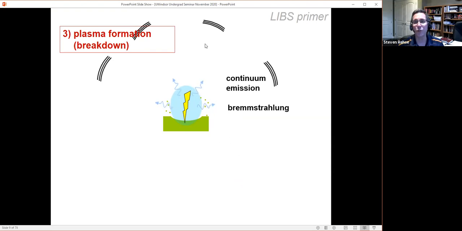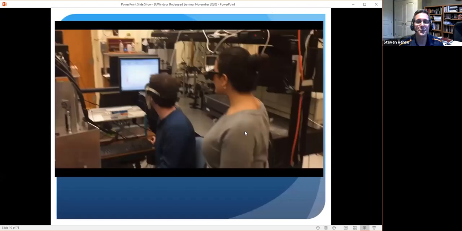But when an ion grabs a free electron out of the continuum, it can give off radiation of any wavelength. So that's continuum emission. And then there's also Bremsstrahlung, which is the braking radiation due to the presence of all these charged particles, ions and electrons, and that also is non-specific. So it's just a bunch of white light coming out of the plasma, which doesn't tell you anything. Looks cool, but there's no information in it.